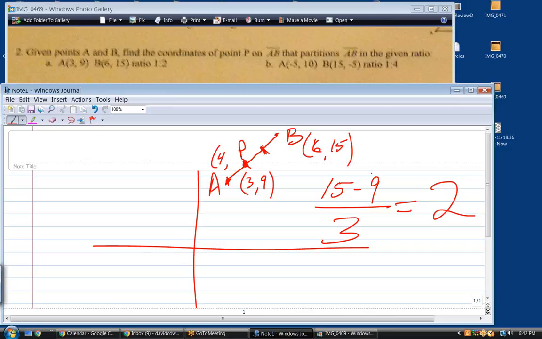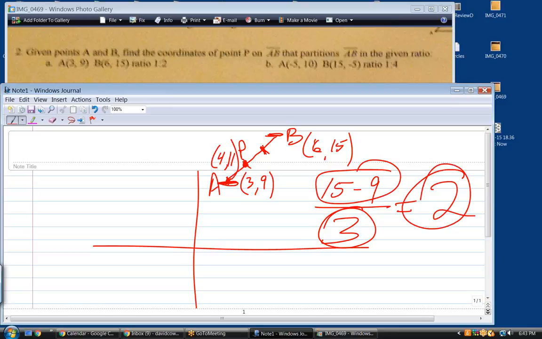In other words, when I did 15 minus 9, that's the length from here to here in the y direction, okay? So I'm dividing that by 3 to give the y dimension between any of these 1/3 segments. Well, if P is 2 bigger than A, then it's got to be 11. Yes.